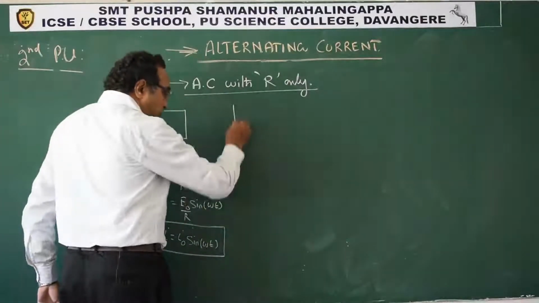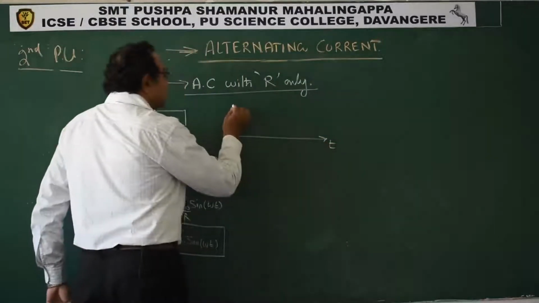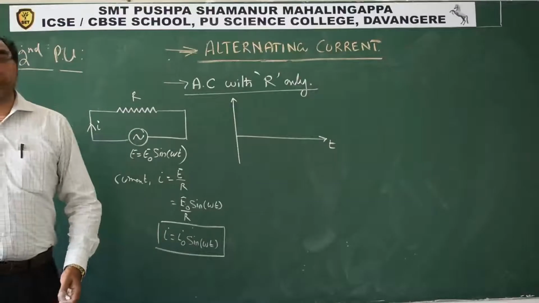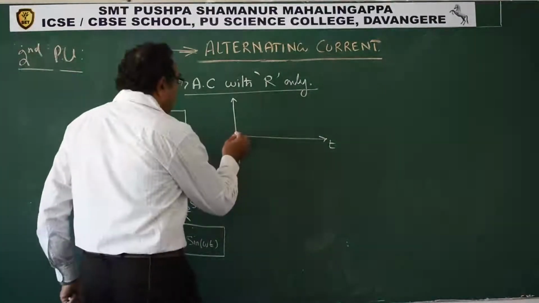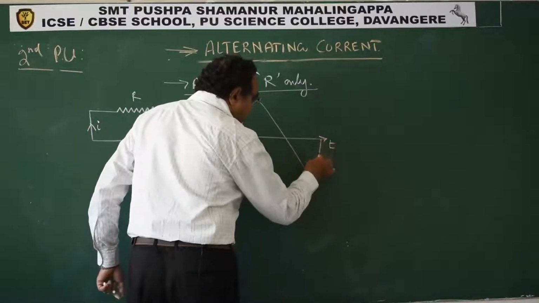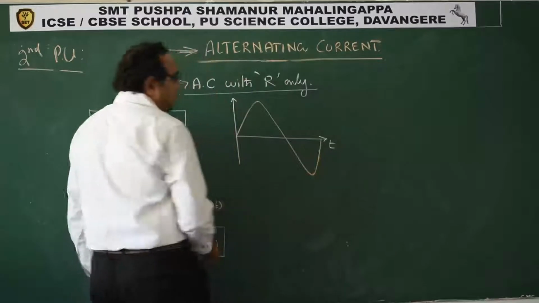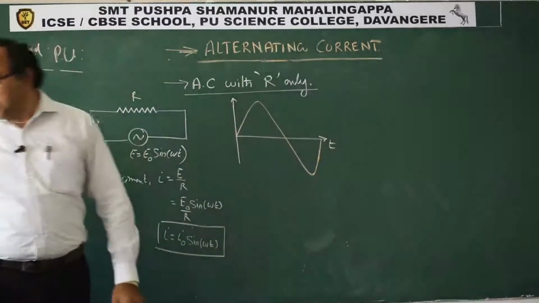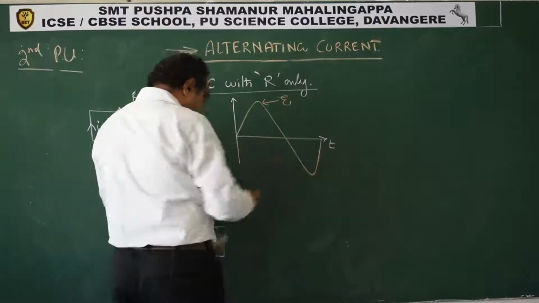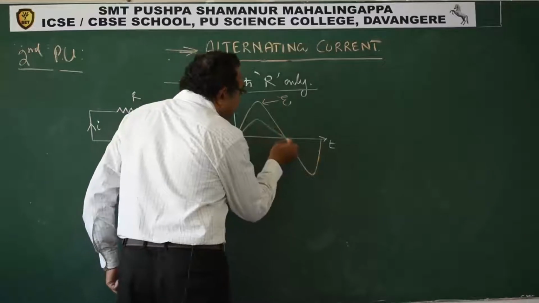So if I try to plot the variation of E and I, then the variation will look like this. This represents E. And if we take I, then the phase difference is 0.